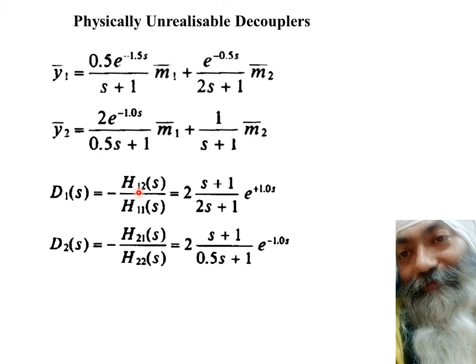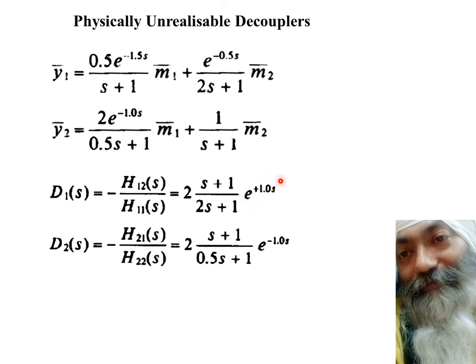H12, as you can see over here, has a delay of e to the power minus 0.5 s, but H11 somehow has a bigger delay of minus 1.5. So when this e to the power minus 1.5 goes in the denominator of e to the power minus 0.5, what we get is e to the power plus 1.0. This is not a delay; it requires some future value.